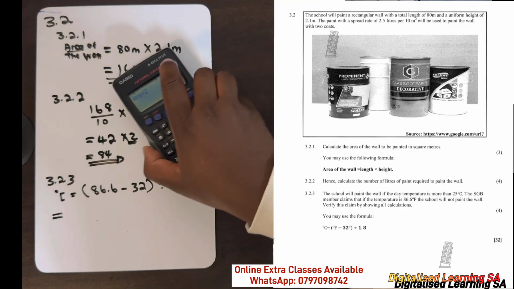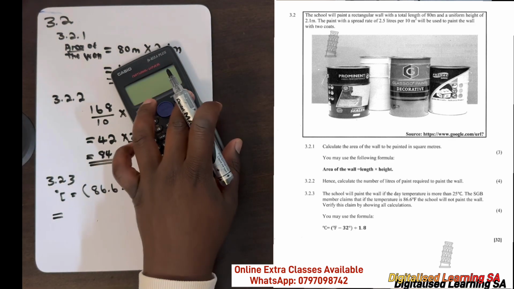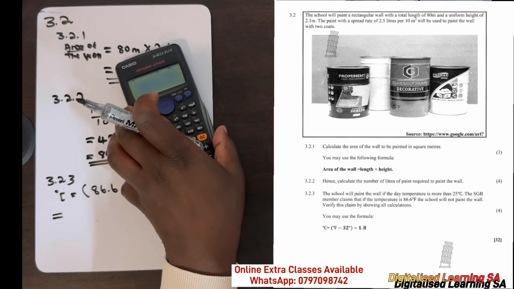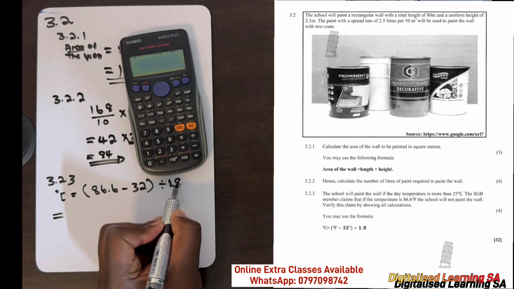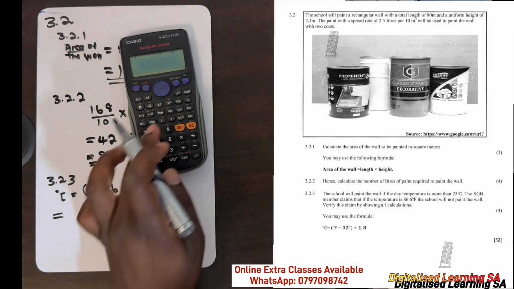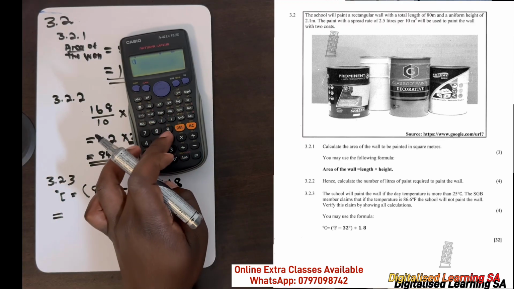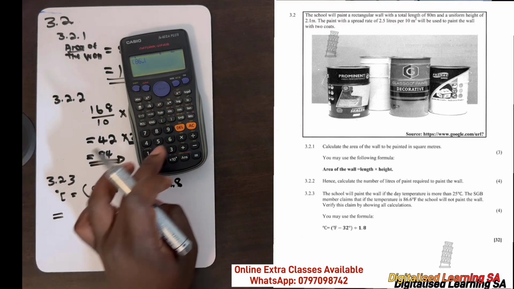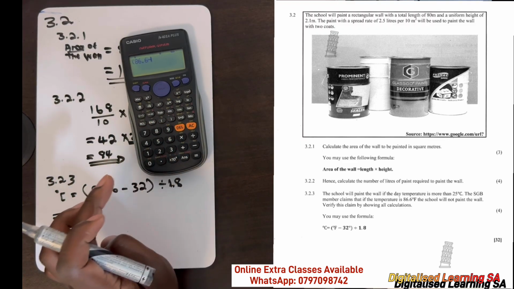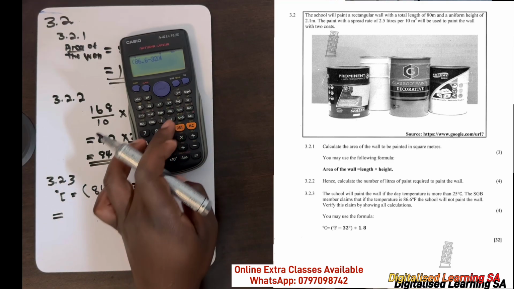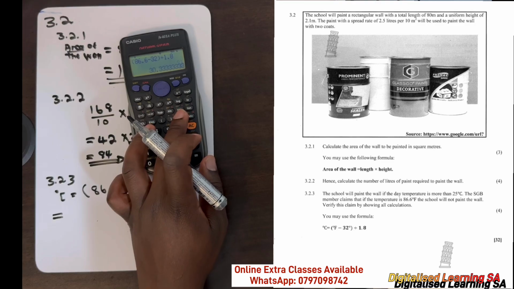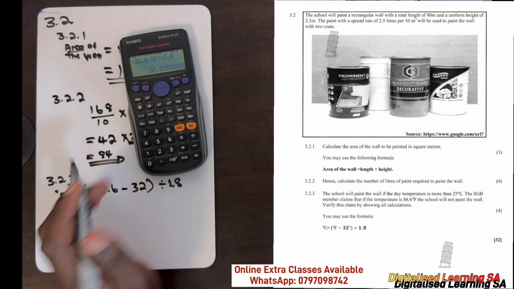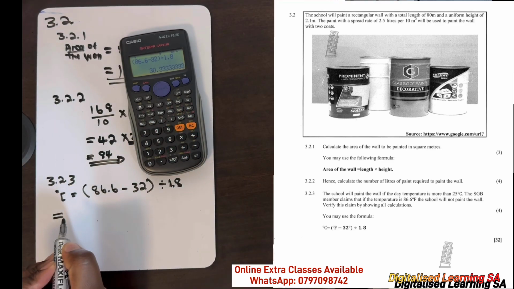So now we can just plug this into our calculator. So it's 86.6 minus 32 divided by 1.8, and our answer is 30.33.